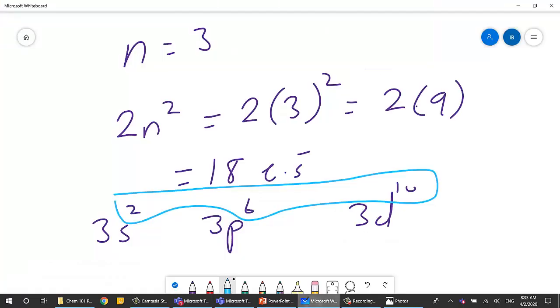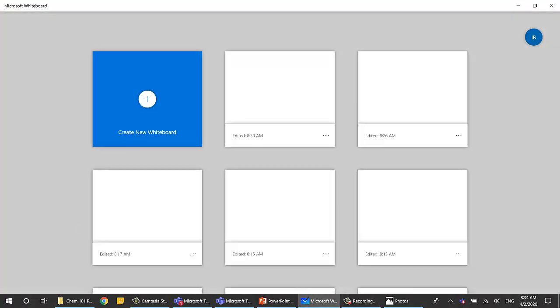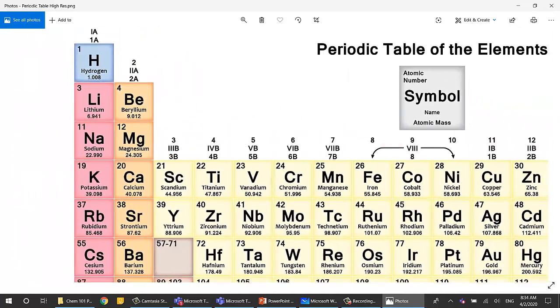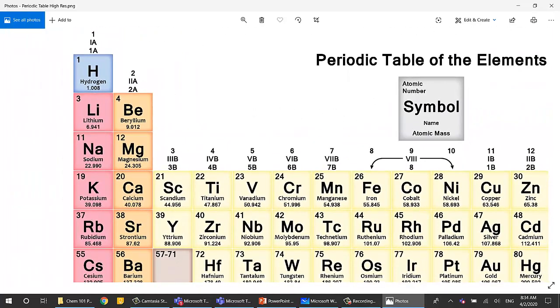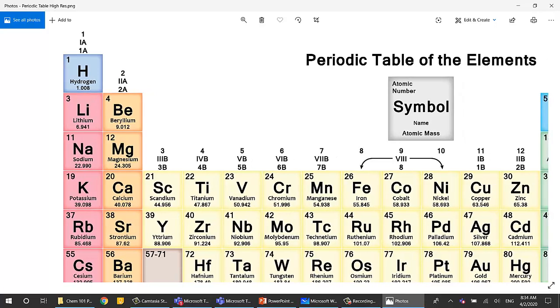Since you have no questions, let's talk about something that is really interesting. If you look at the periodic table, you have group 1, let's say lithium, sodium, and potassium. So let's do the electronic configuration for lithium, sodium, and potassium.